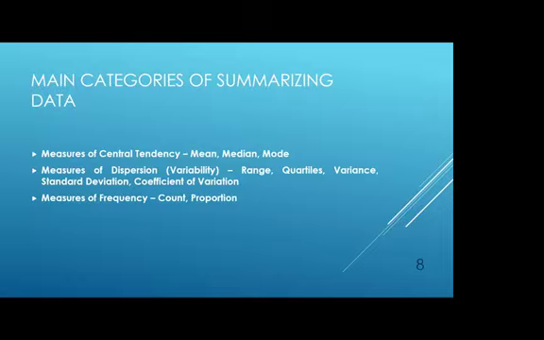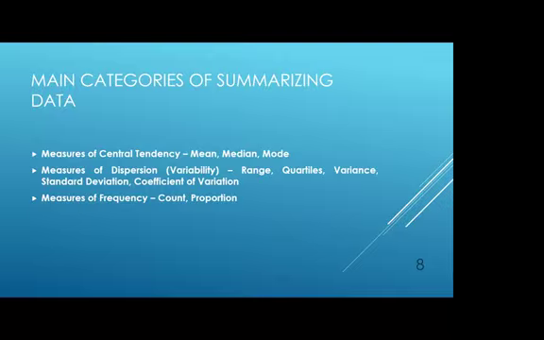Now, coming to the main categories of summarizing data. Again, these are very common terms; you keep hearing them all the time. These are the measures of central tendency: the mean, the median, the mode. Then you have the measures of dispersion, which we also call variability, like range and quartiles.